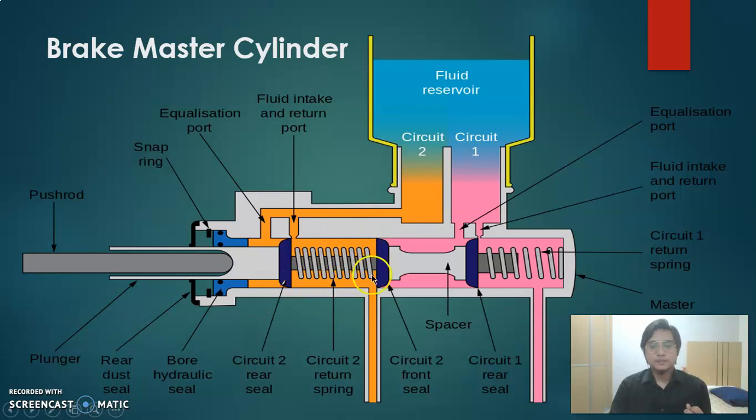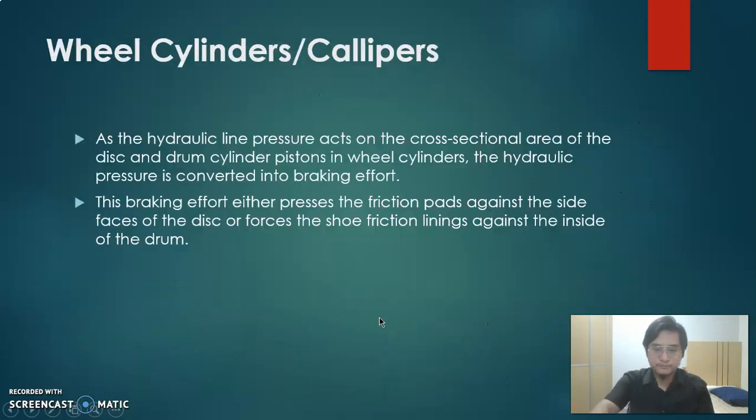The buildup in circuit 2 causes the circuit 1 rear seal to move over to the fluid intake and return port here, which causes the pressure buildup in circuit 1. The pressurized fluid in both circuits is then transmitted along the brake lines to the wheel cylinders and caliper pistons.